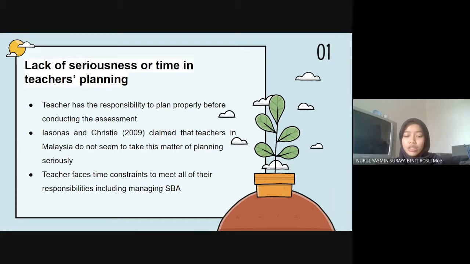Other than that, teachers in Malaysia also perceive SBA as something similar to a summative test, but actually it is very much in contrast. Also, teachers face time constraints to meet all of their responsibilities, including managing SBA. Like we all know, SBA is very time consuming. It requires a lot of time to plan, to administer, and to assess the students.